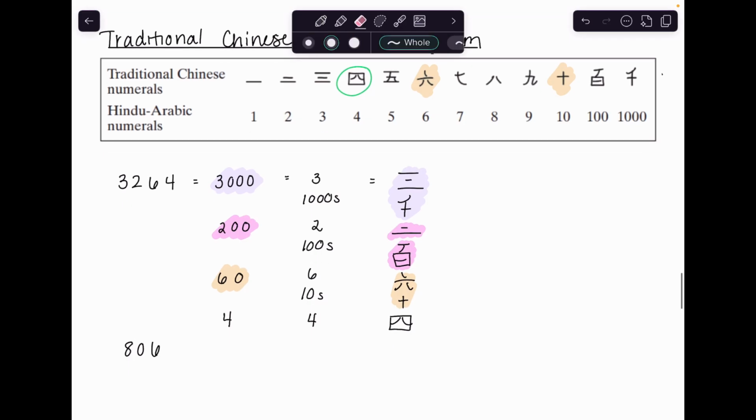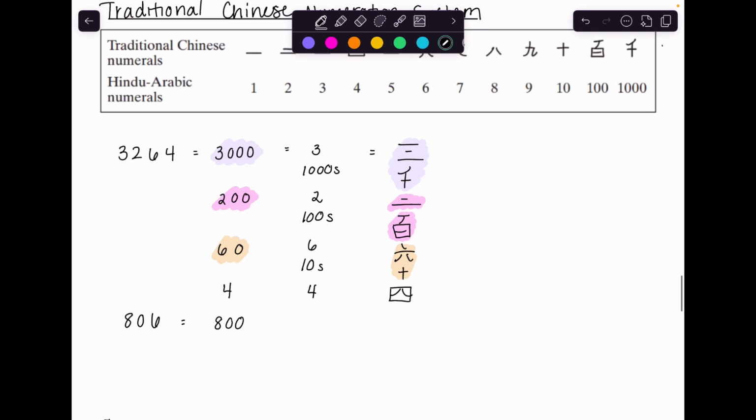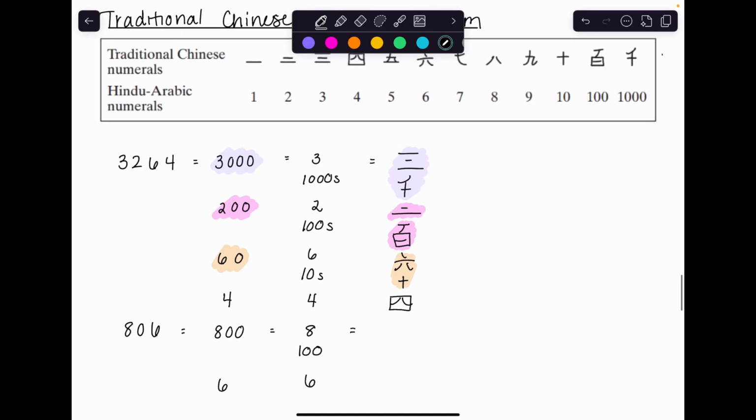To show you how nice it is because of not needing placeholders for 0, if you want to do 806, you again break it down on those placeholders. You have 800. You have no 10s, so I don't need to write anything. My next number is really just 6. So you have 8 100s and then a 6. So going through those different symbols, 8 looks like this.